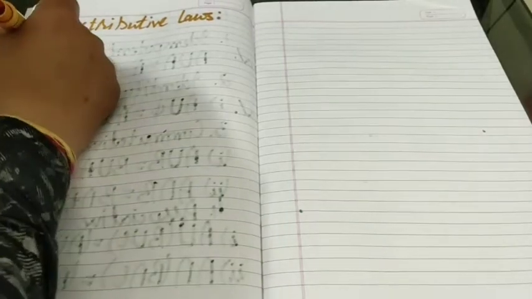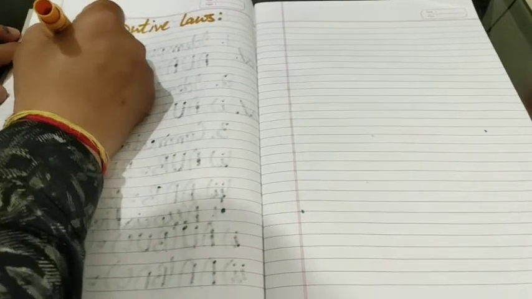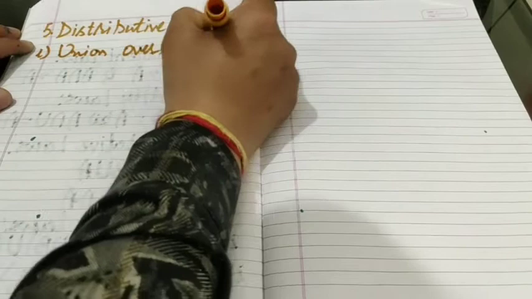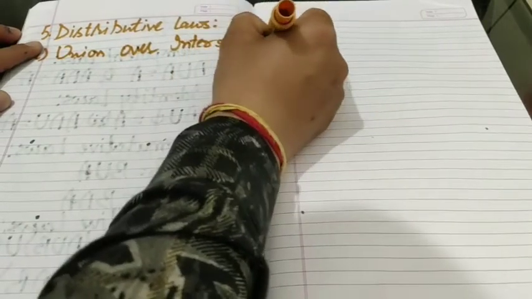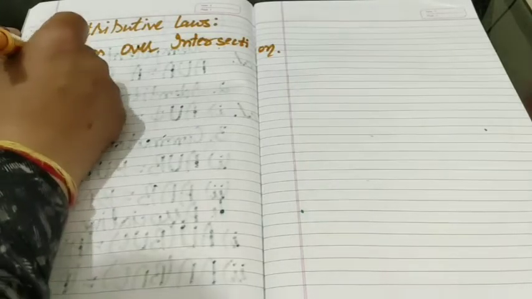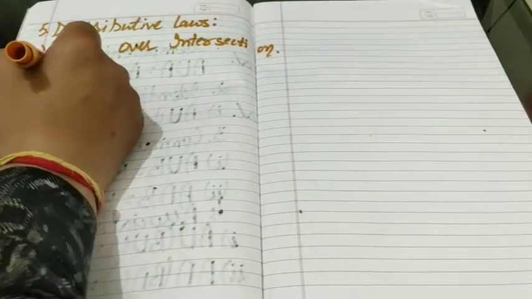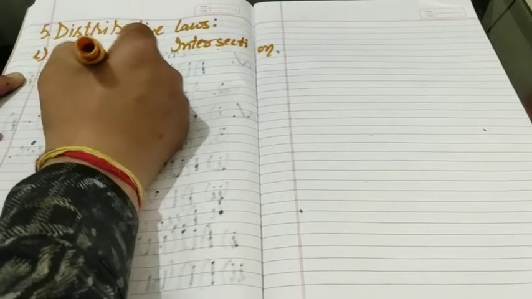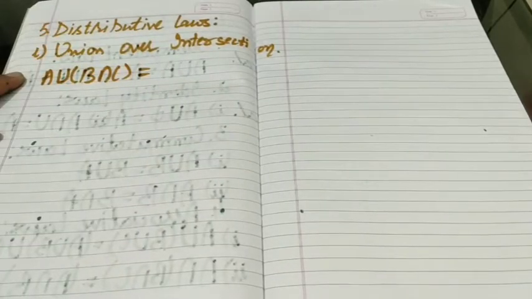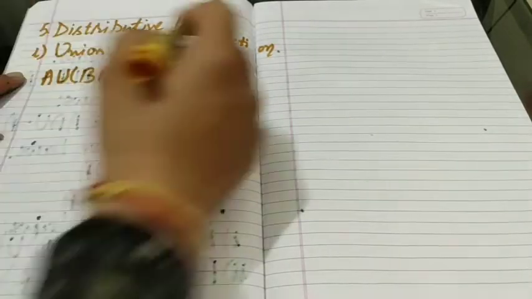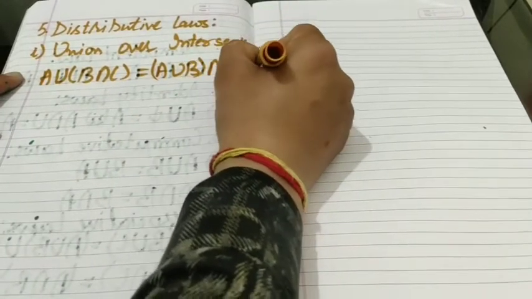Students, next we have distributive laws, and we have two distributive laws. The first one is union over intersection. For three sets A, B and C, the distributive law of union over intersection states that A union (B intersection C) is equal to (A union B) intersection (A union C).